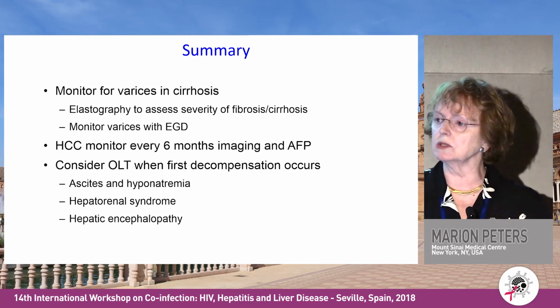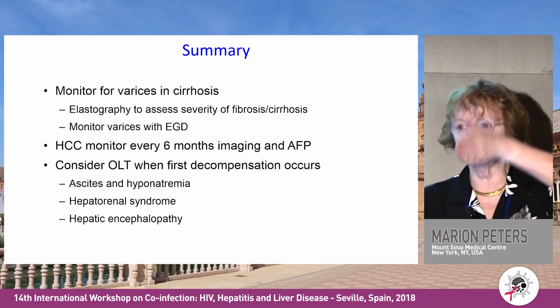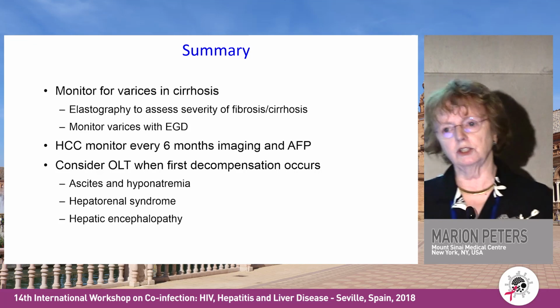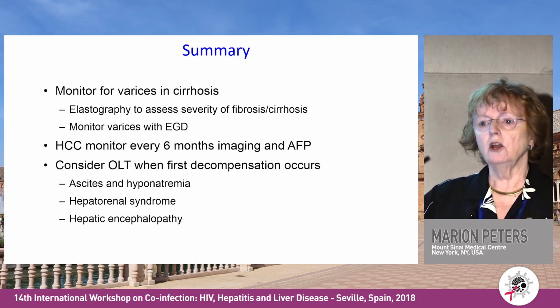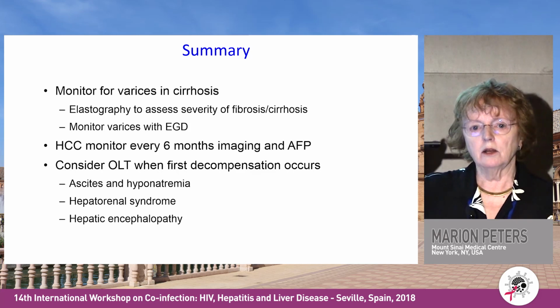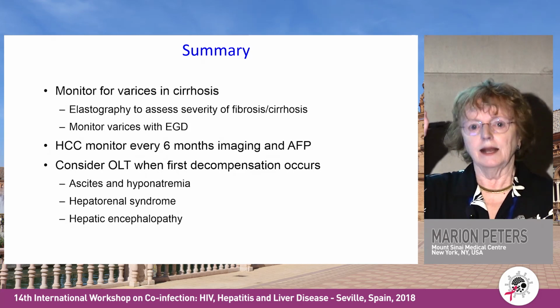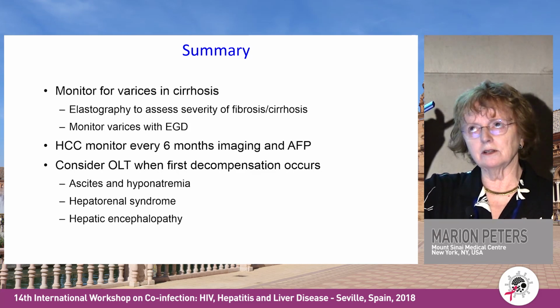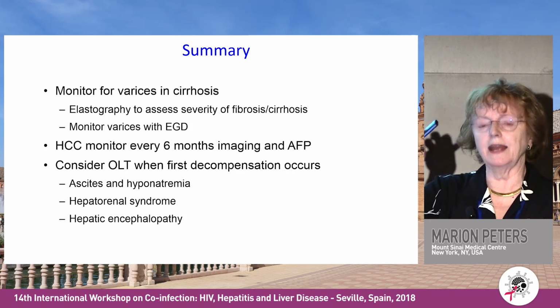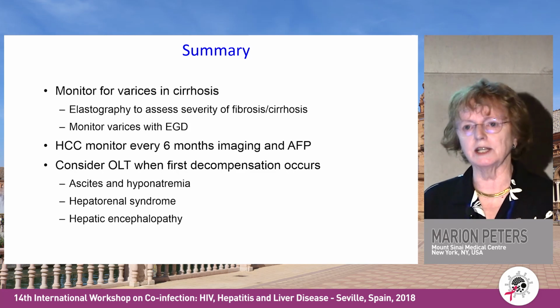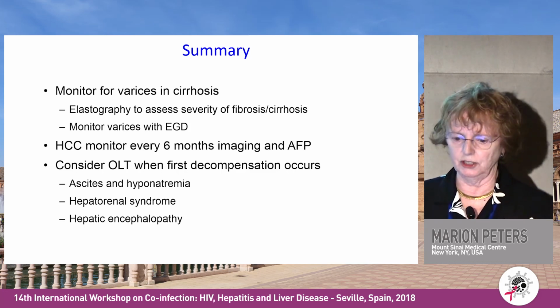I didn't show you the slides of if you see a lesion, do the CT, because I showed it to you earlier today: if you have a CT that shows hepatic artery enhancement on the early phase where you see the lesion that washes out, that's pathognomonic of HCC.